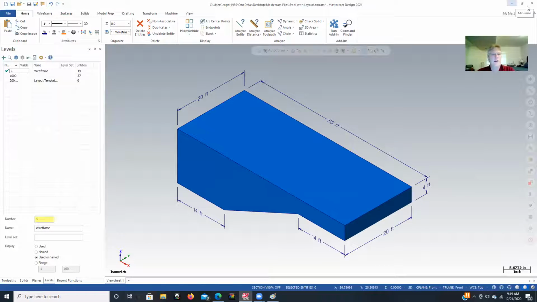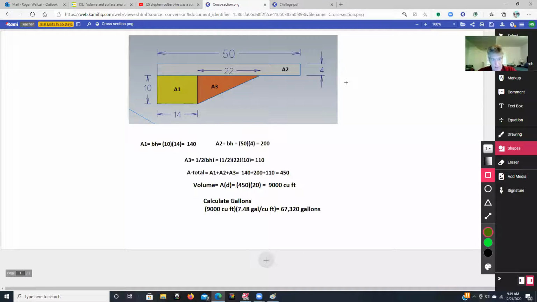All right, very nice. This is the cross section then that I have when I look at it from the front. And when I do that, I break it up into 3 much easier figures. So I have a rectangle, I have a triangle, and I have another rectangle.